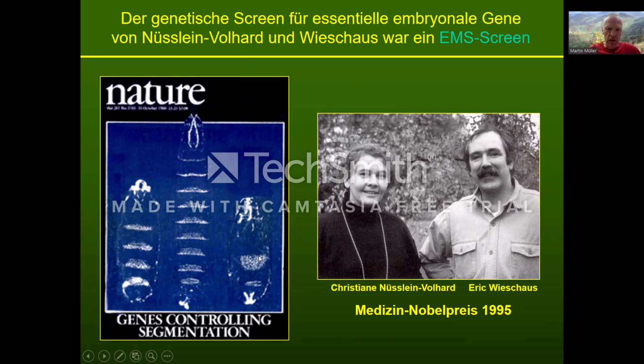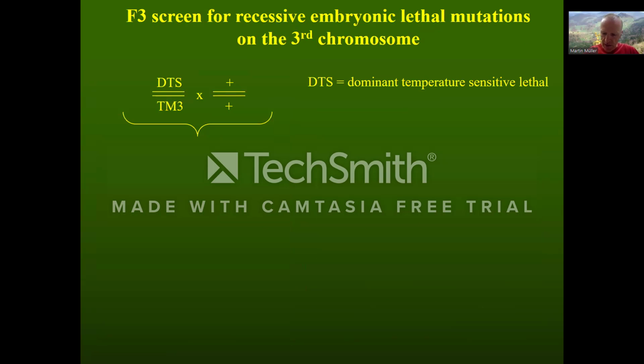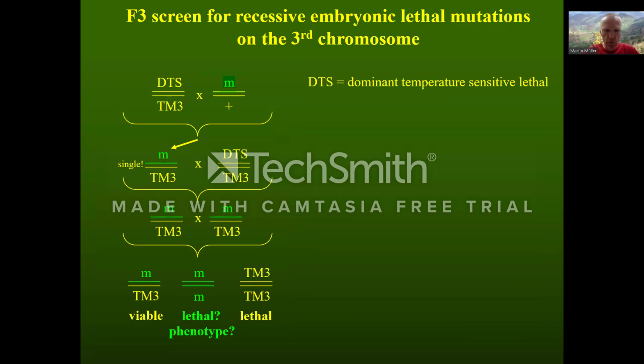So this was an EMS screen, and on the next slide I have shown you the crossing scheme of this screen, and at the latest on Friday you should understand how this crossing scheme worked. We will look at that on Friday afternoon, and I will explain to you how the screens they did worked.